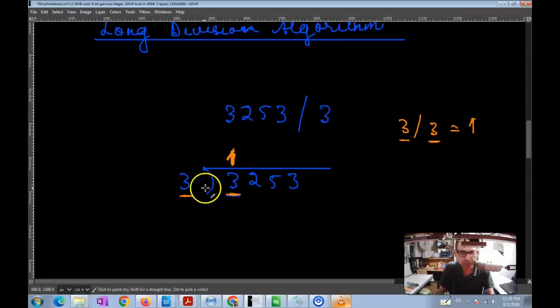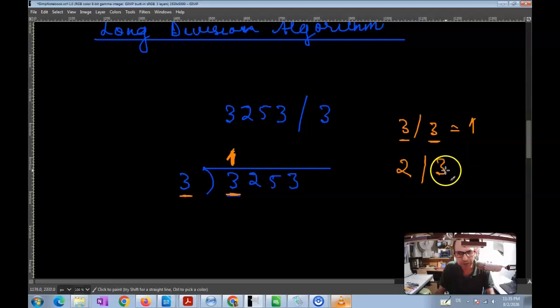again we can ask the same question. 3 goes into 2 how many times? Or what is a 2, for example, which in this case is a 200. What is 2 divided by 3, right?